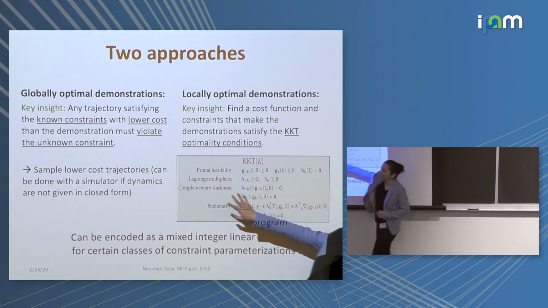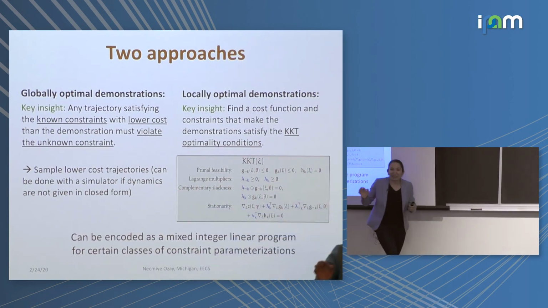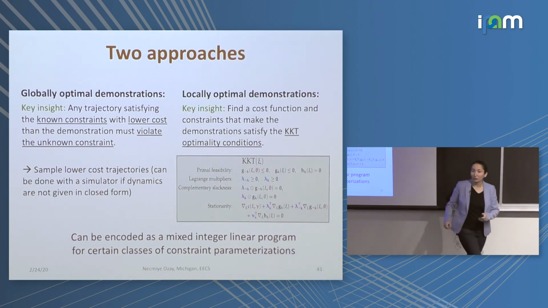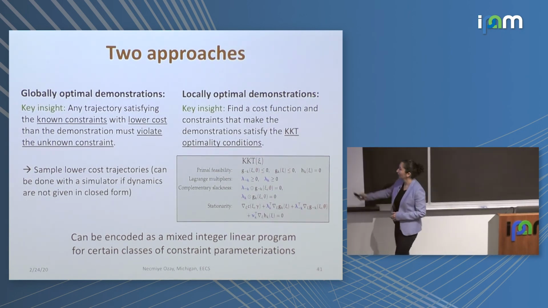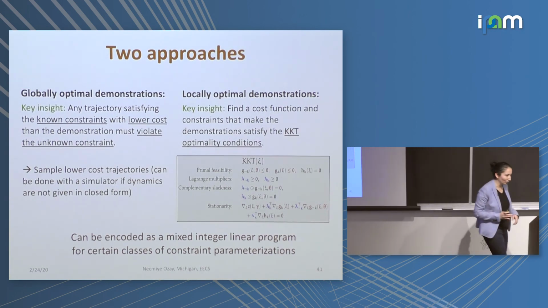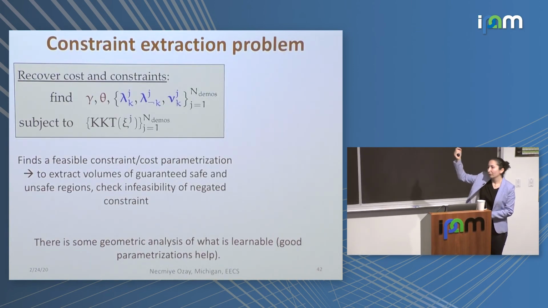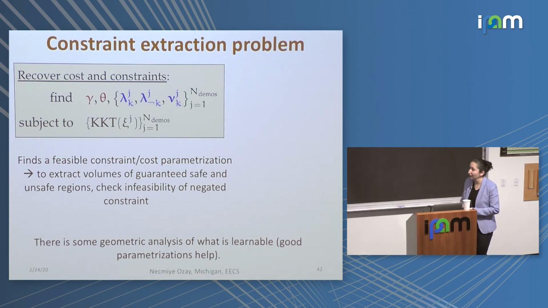And in both cases, you can write down mixed integer linear programs, depending on the constraint parameterization. If your constraint parameterization is easy, you can try to extract your constraints with that. But this only gives you one feasible constraint realization.